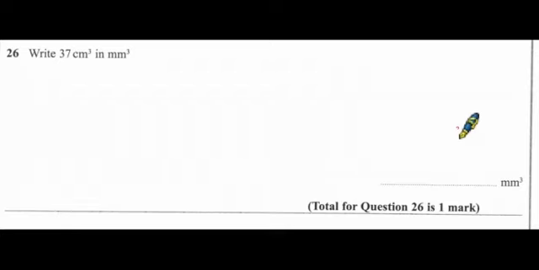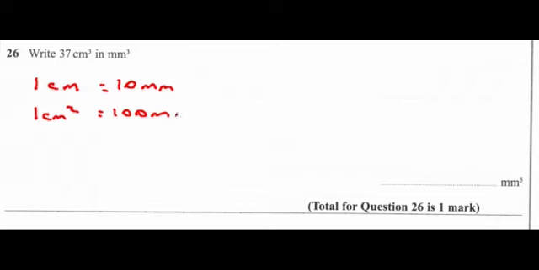Question 26 asks us to write 37 centimeters cubed in millimeters cubed. Well, this can be very confusing, but we do know that 1 centimeter equals 10 millimeters. That, however, is for a straight line. If we are looking at area, 1 centimeter squared is actually 100 millimeters squared, and 1 centimeter cubed is in fact 1000 millimeters cubed.